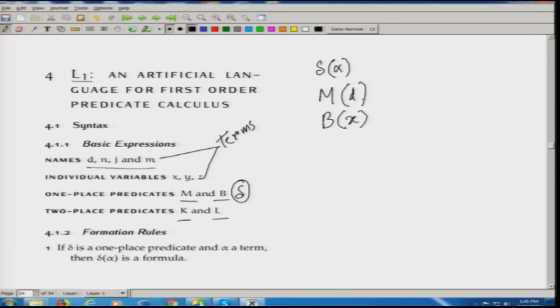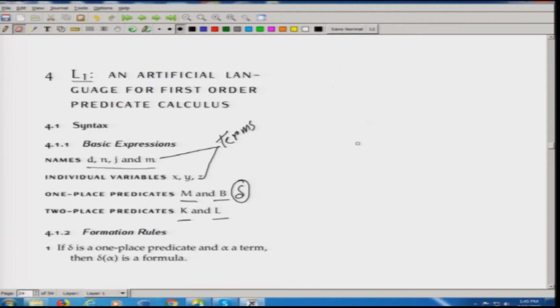So I can make many different formulae by using this rule. What is banned is something like D M. This is not allowed, but the others are fine.